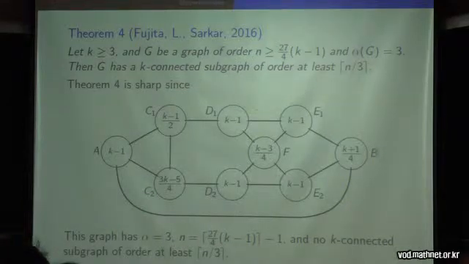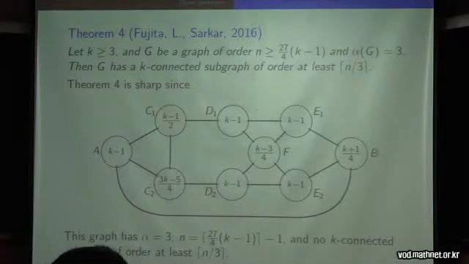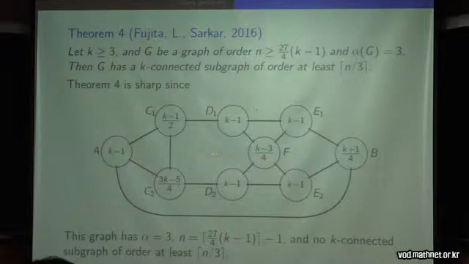So as you can see, when we get to alpha is 3, we already have a very surprising construction. This is telling us that dealing with the independence number sometimes just throws up really strange constructions. So this is what we found.